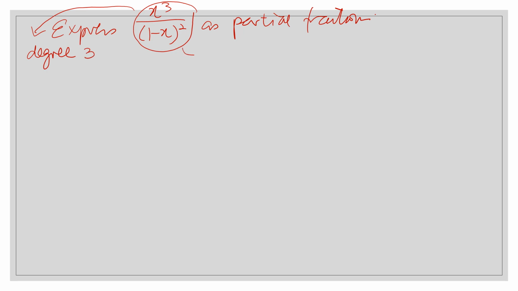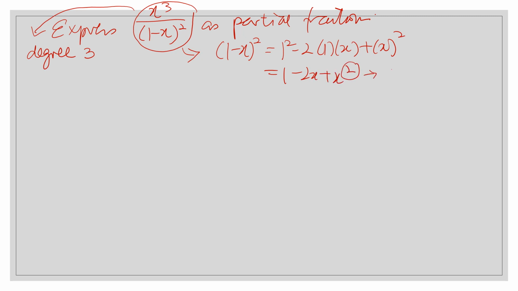And if you look at the denominator, if you expand this repeated linear factor, the highest power is 2, so this is of degree 2. So if the degree of the numerator is equal or more than the degree of the denominator, then this is called an improper fraction.